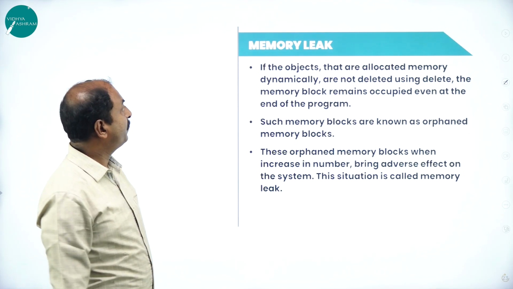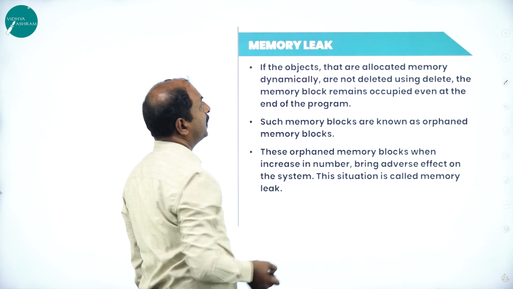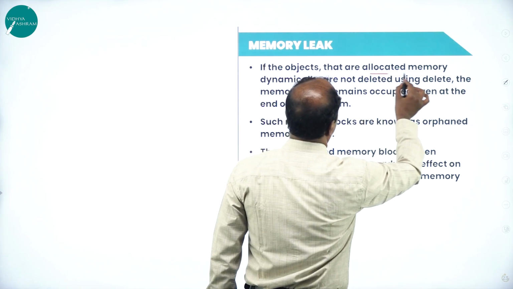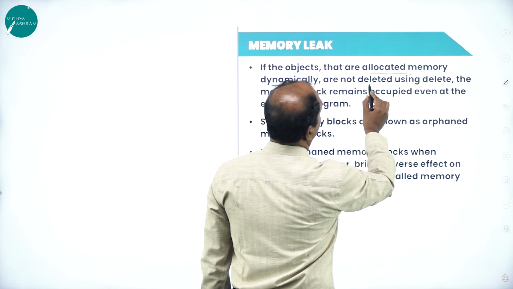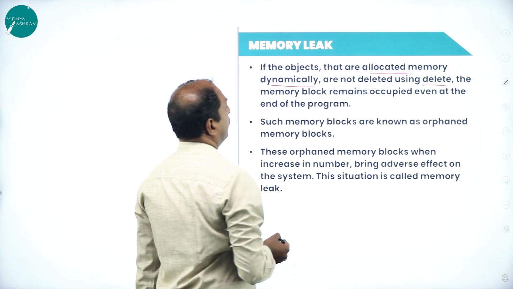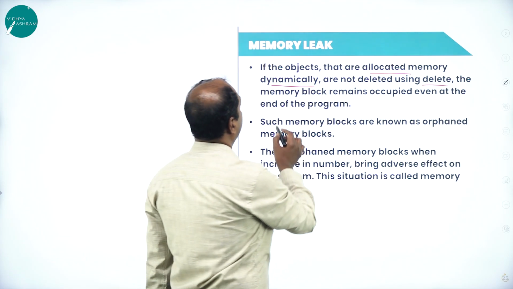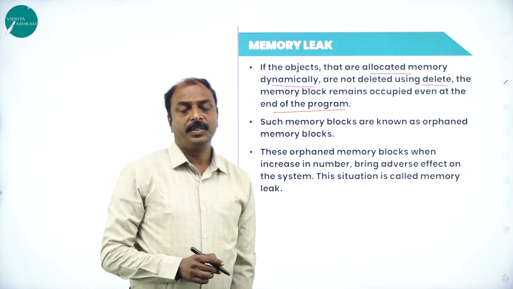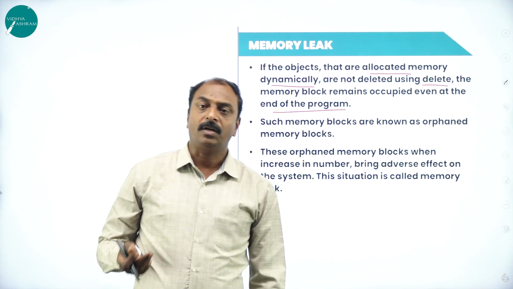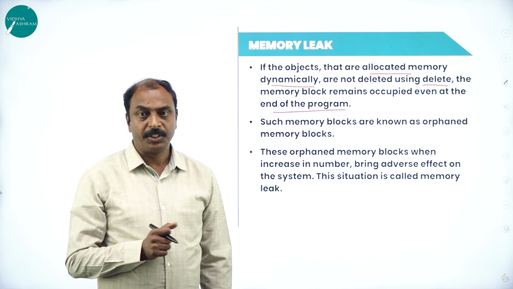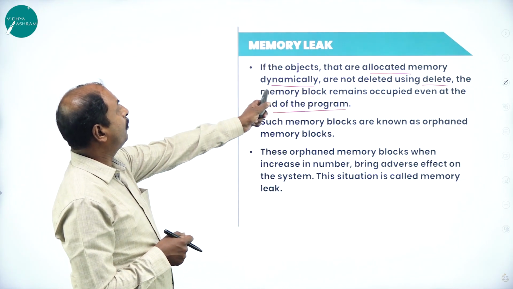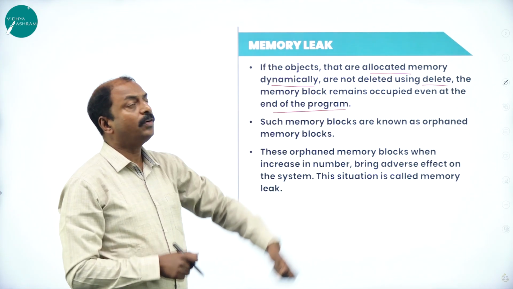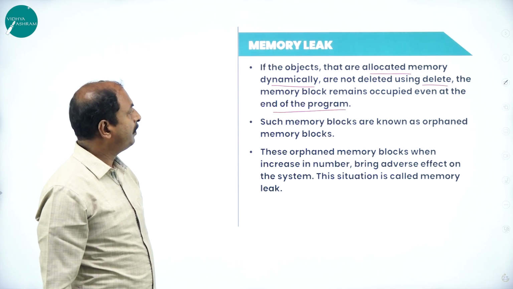Next, let us see the definition of memory leak. What is memory leak? If the objects that are allocated memory dynamically are not deleted using the delete operator, the memory block remains occupied even at the end of the program. Sometimes, even with the help of the delete operator, it is not possible to delete the memory allocation, and then those blocks remain in the computer memory space. That condition is called memory leak.